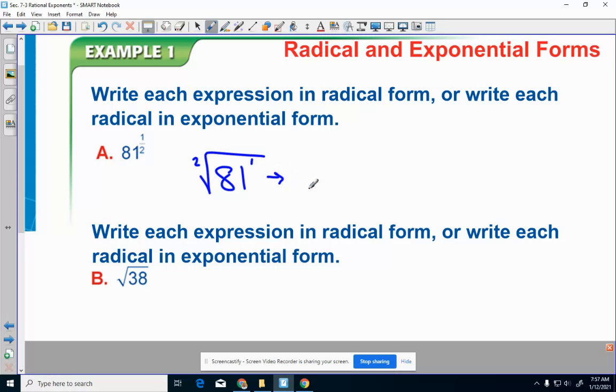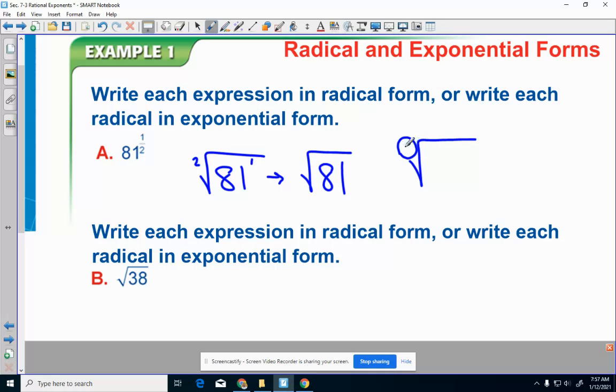Now, in this particular case, we could write this without both of those numbers, because they are understood. Anything raised to the first power, we don't have to write it. It's understood to be there. And secondly, this root symbol out here, if it's not written there, it's also understood to be a square root. That's why most of you, when you see this symbol, would call it a square root, when really that's known as a radical symbol, because whatever number is written right there is what root we are looking for.